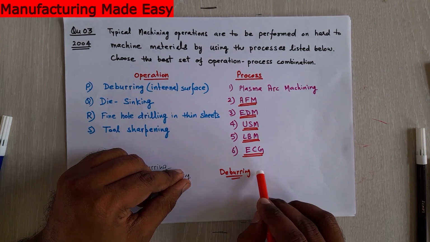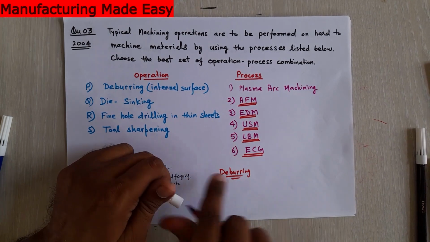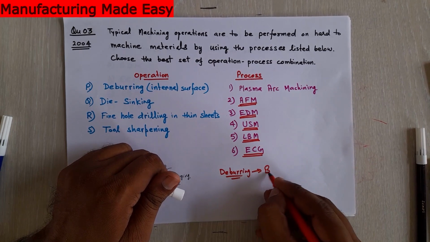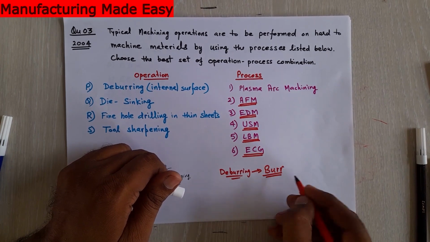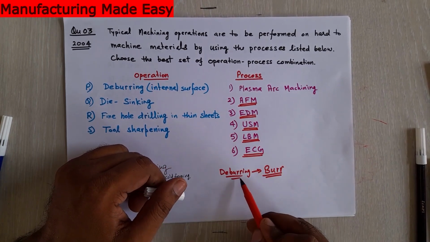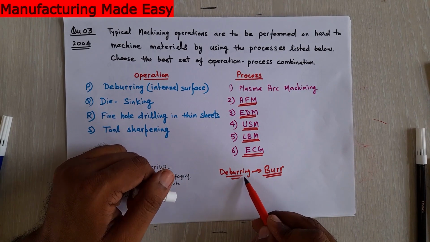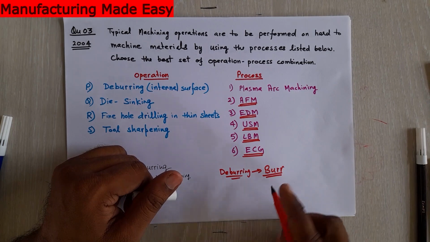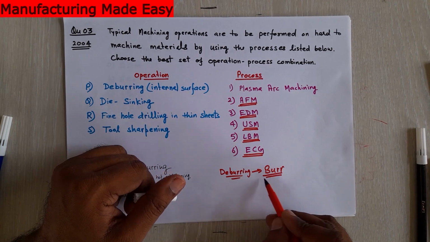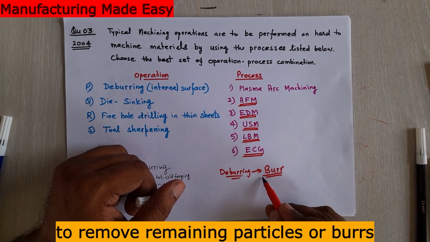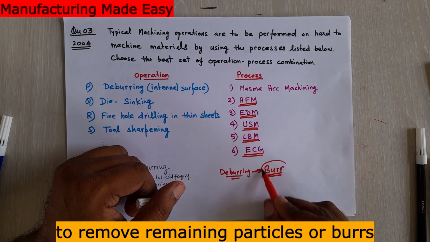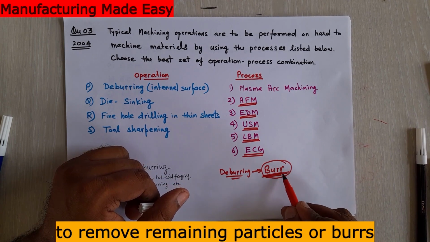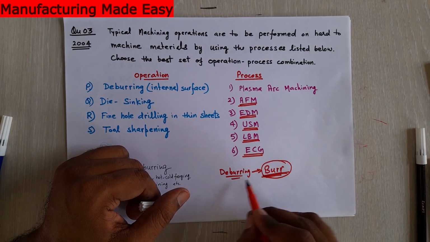Those waste materials are called burrs. So deburring is the secondary machining process that is used after the first machining process. That is a secondary machining process which is used to remove the remaining particle or burr from the machined surface. So this is the deburring.